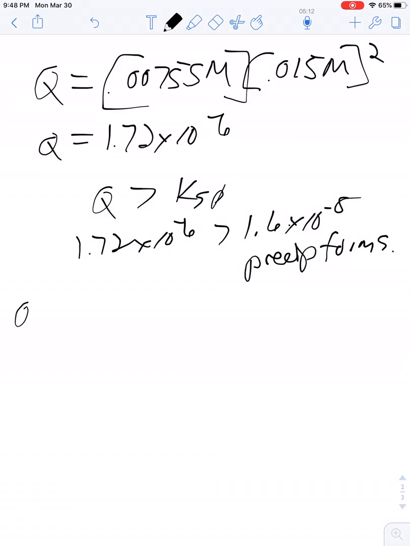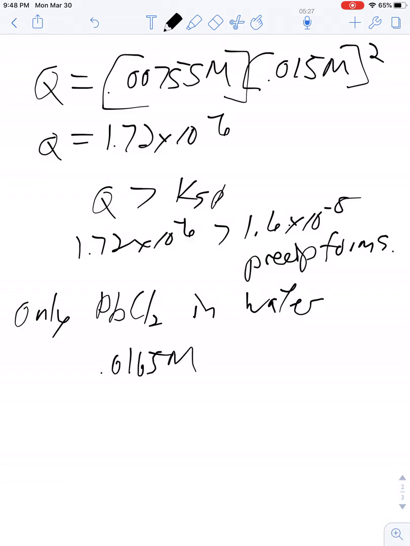When you only have lead chloride and water, and that's the only thing you add, the maximum concentrations are 0.0165 molar for lead. Yeah, we'll just leave it right there. We don't need to complicate it anymore.